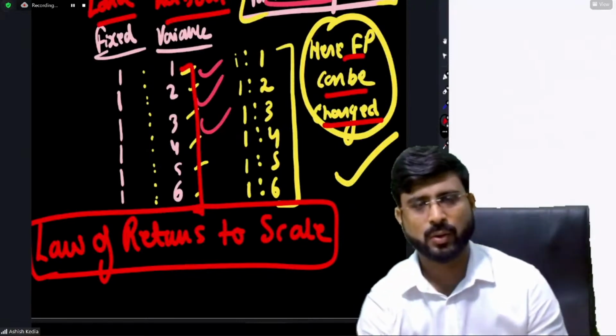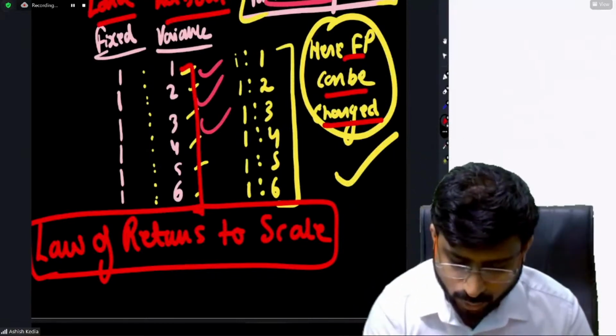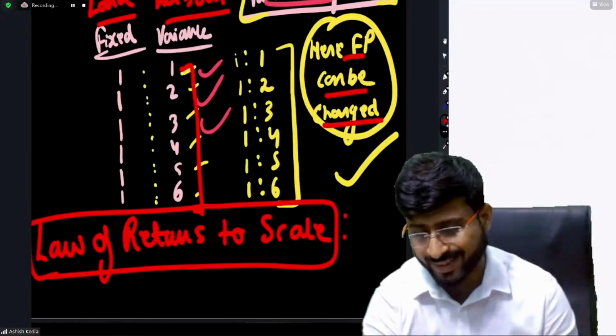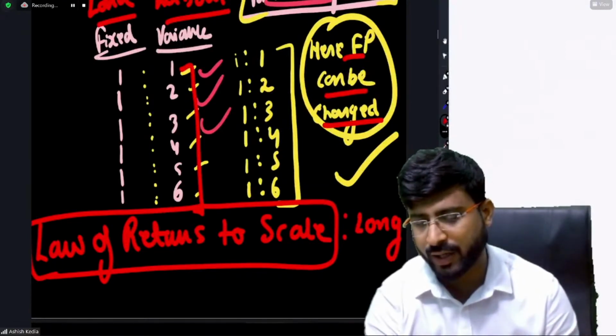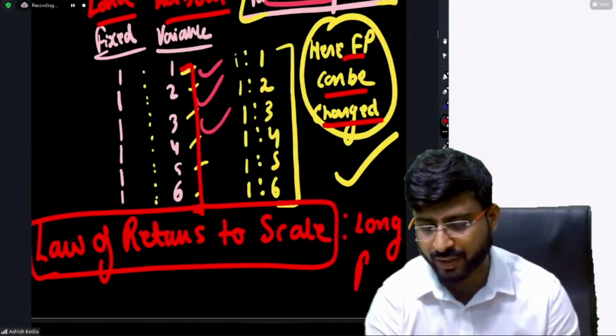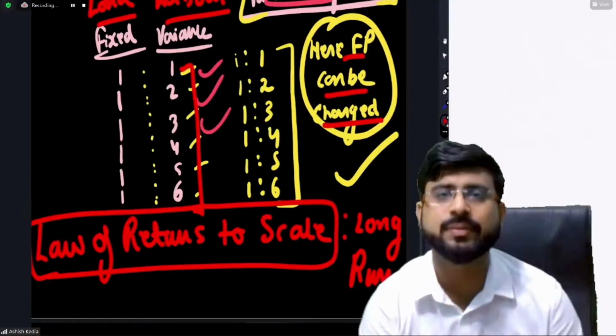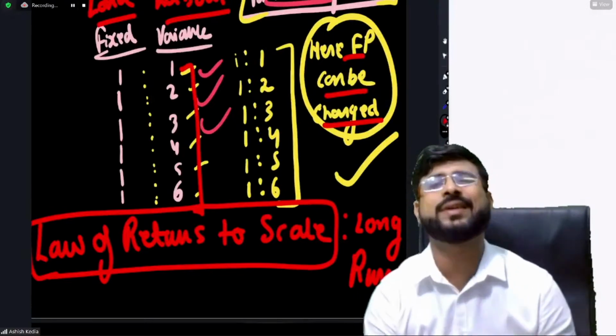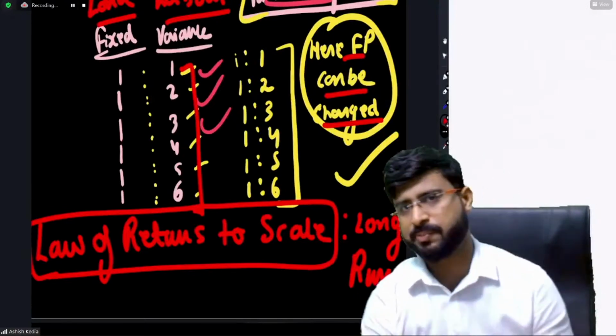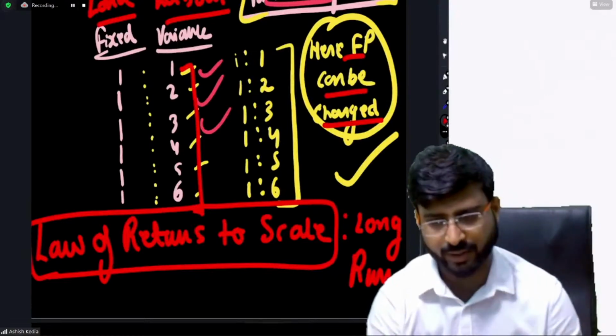So the law of returns to scale operates in what time period? You all got it correct. The law of returns to scale operates in the long run time period. That's correct. You heard it correct, everyone.